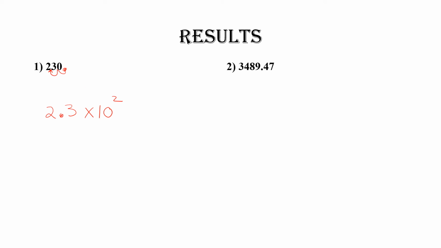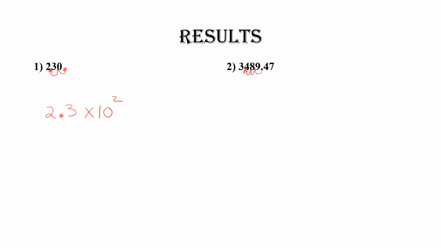The second one here, again, notice this value is between 1 and 10. We want to make the number stand as a value between 1 and 10. That's basically how we know that we are accomplishing standard notation. So we move this point 1, 2, 3 places.